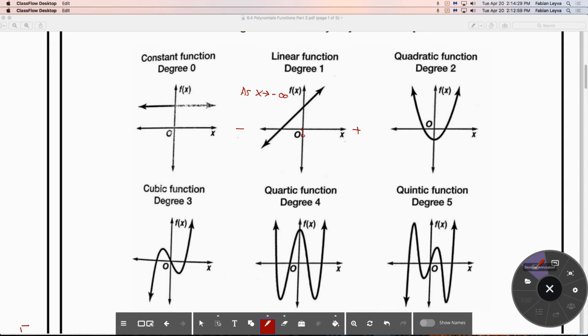In this specific situation, the way you say graph is you say the function, f of x. Now let's think about this. You are telling me as x goes to negative infinity, so that means as you're going to the left, notice I'm tracing my graph to the left, what is happening to it? Is it going up or down? Down. So that means your function is going in the positive or the negative direction? Negative, so it goes to negative infinity.